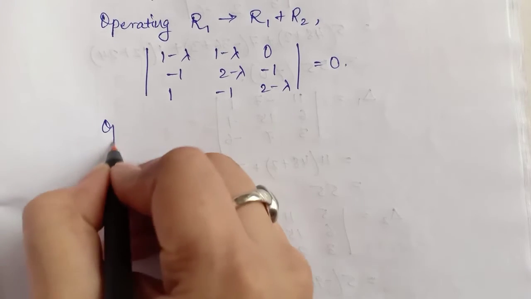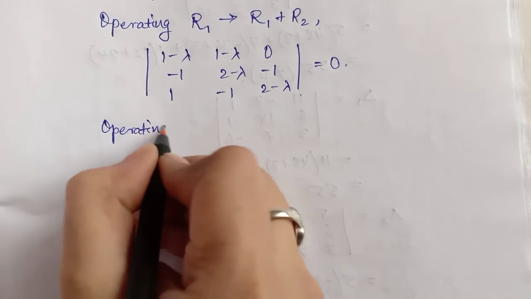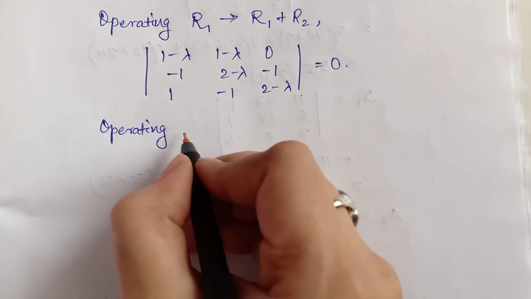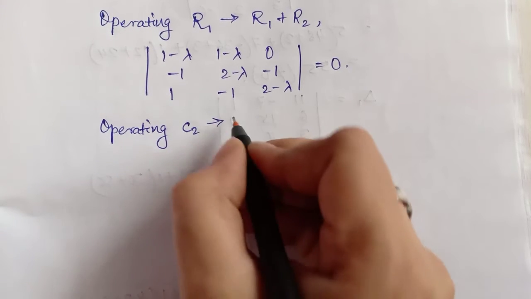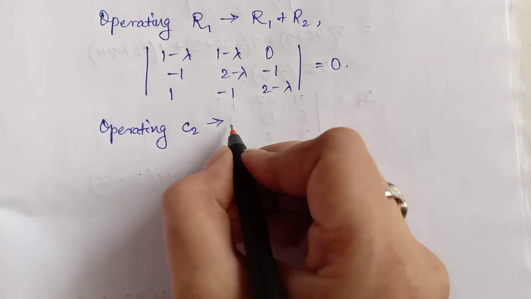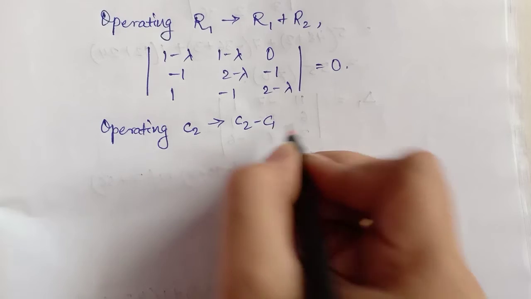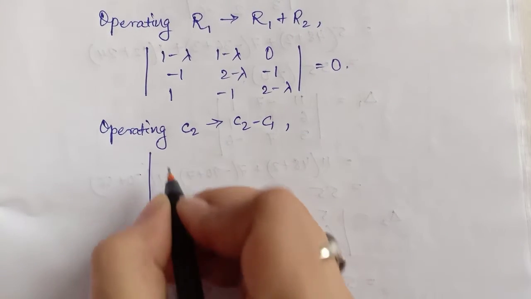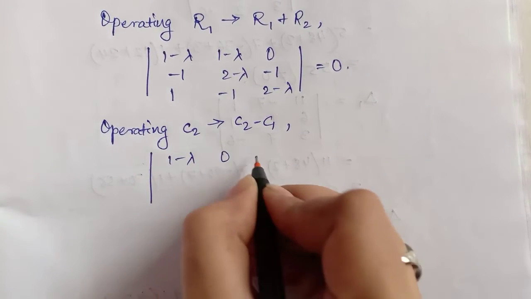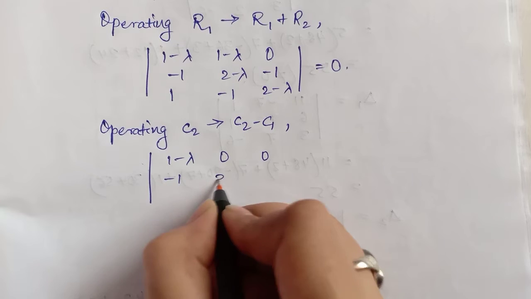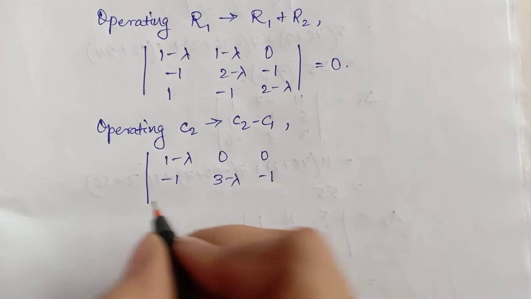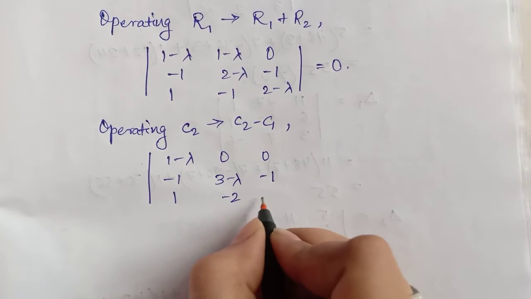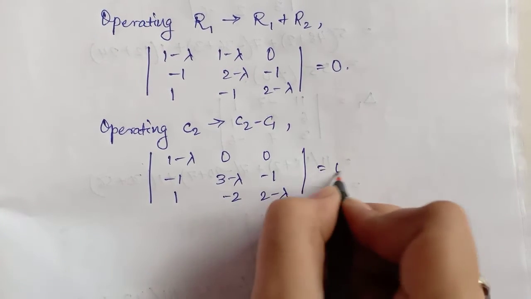Now operating column wise. First we did it row wise, now we are doing it column wise. The second column C2 minus C1. So from this we get 1 minus lambda, 0, 0, minus 1, 3 minus lambda, minus 1, and 1, minus 2, 2 minus lambda equals 0.